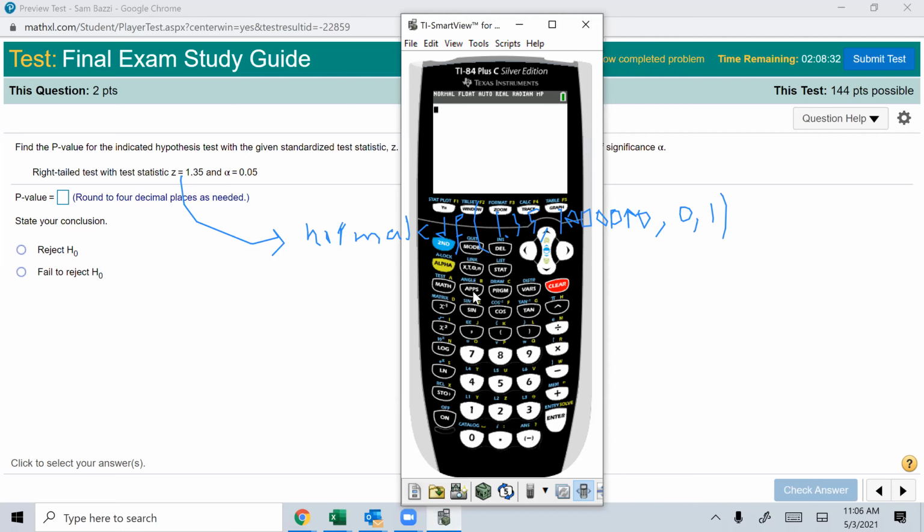That's the definition of the p-value. So you go to second, distribute, normal CDF, 1.35, guys. And you can put 1,000, a million, whatever you want. So the p-value is 0.0885. Remember that.